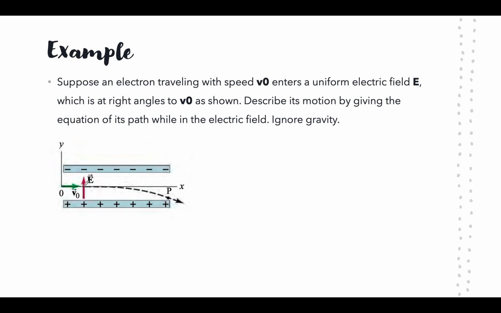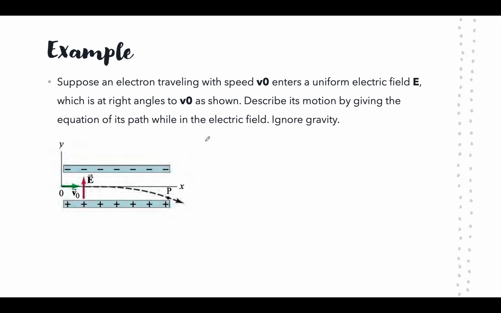once the electron enters the plates, the only force it feels is the one created by the electric field. The field is in the upward direction, but this being a negatively charged particle, it is going to feel a downwards attraction. The electron here is going to move towards the positive side.